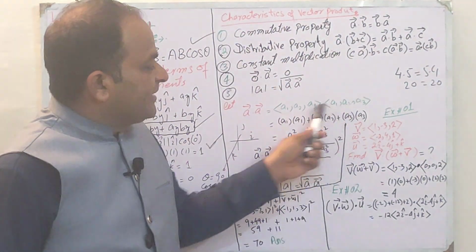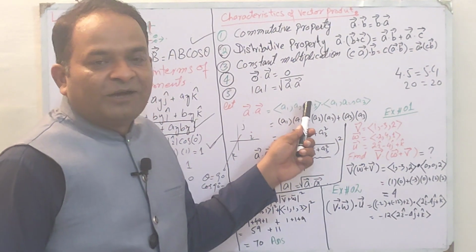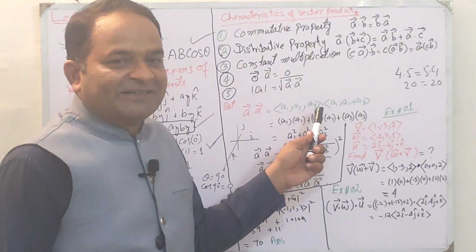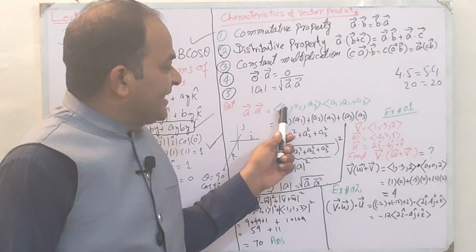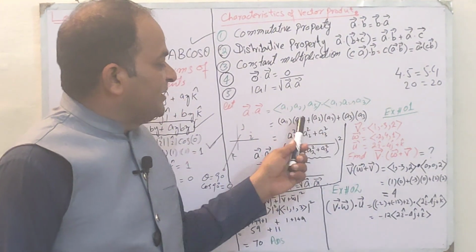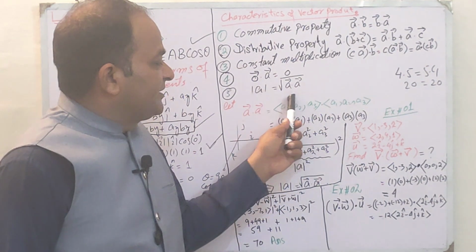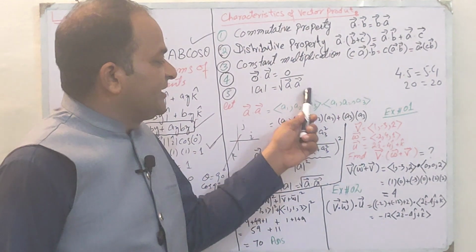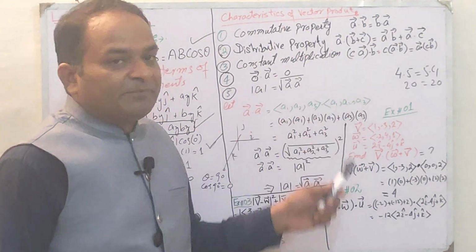So when we take the dot product, you know how to take a dot product in terms of rectangular components. This is the x component, just multiply these two components. This is the y component, multiply by y. This is the z component, multiply with the z component.